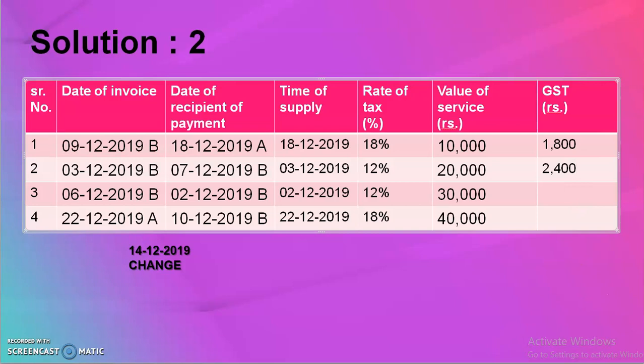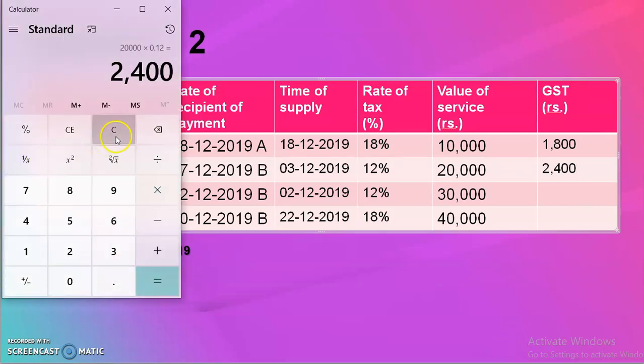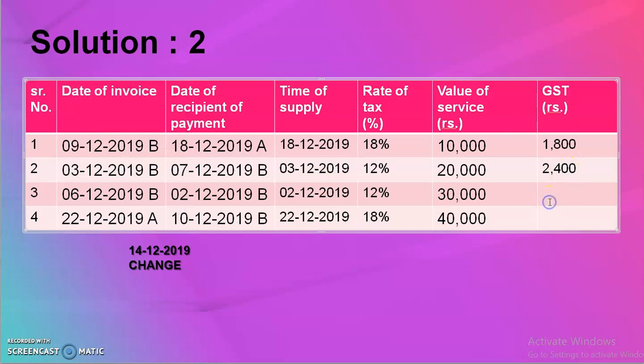Next one is 30,000 multiplied by 12%, when I will get the information, that is 3,600.